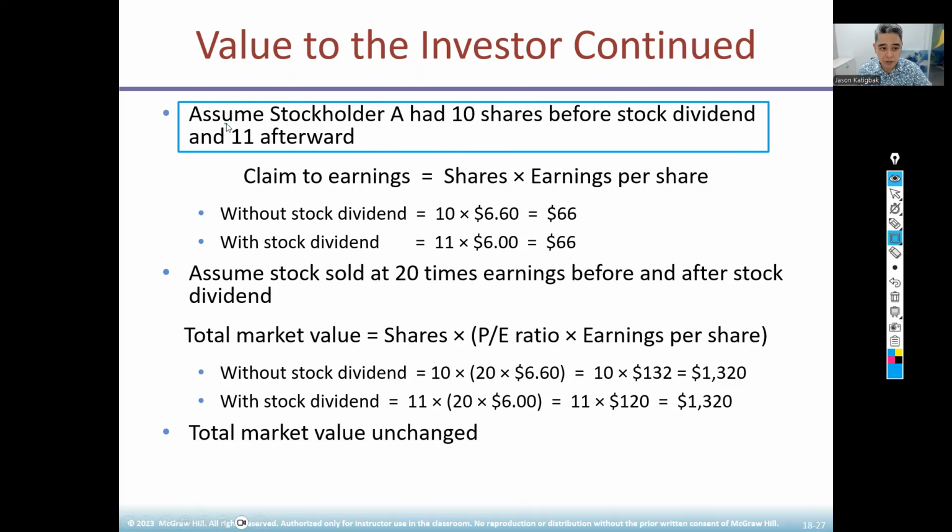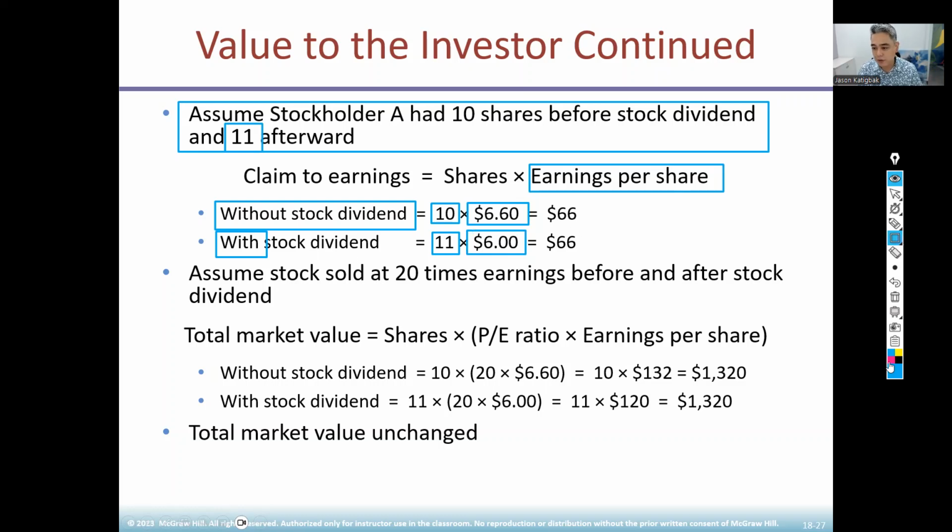It becomes 11 afterwards. So without the stock dividend, it's 10 shares, but with the stock dividend, it's 11 shares. But remember, the earnings per share changes from 6.6 and became diluted, a decline by 10% to 6 after the stock dividend. But there you go, there's the but. Important. It's the same, right?